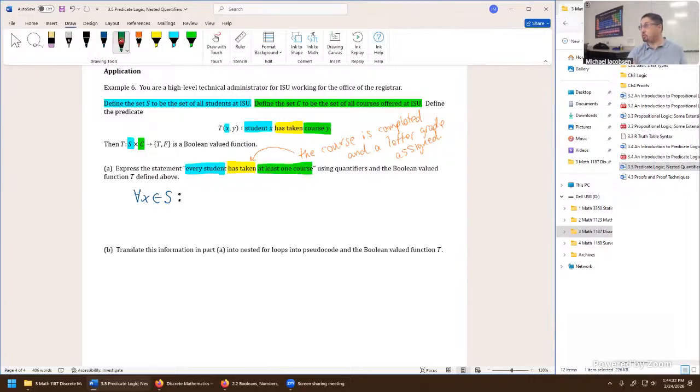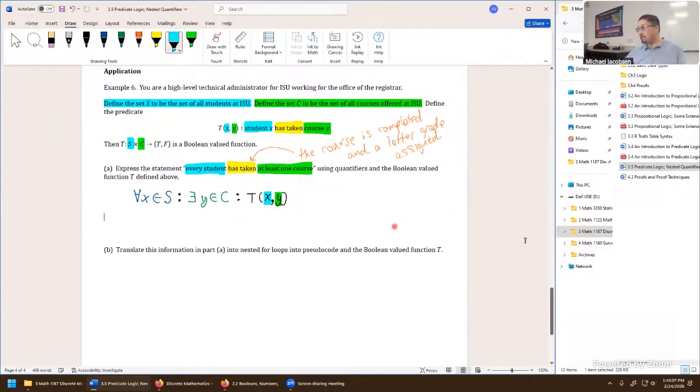So we use the existential quantifier when we see at least one or there exists, or for some, anything along those lines. So there exists Y in the set of all courses, uppercase C, such that that student has taken course Y. So we'll just write out T(X, Y), maintaining the firm order of inputs for that predicate function.